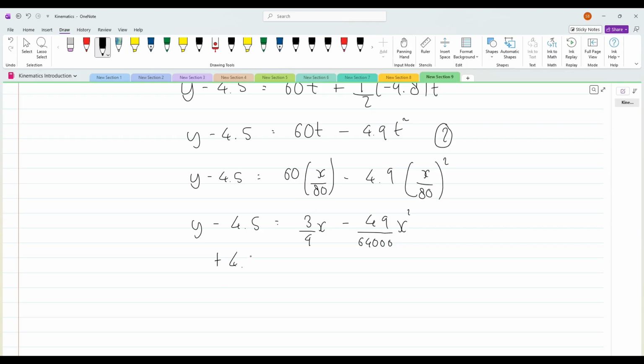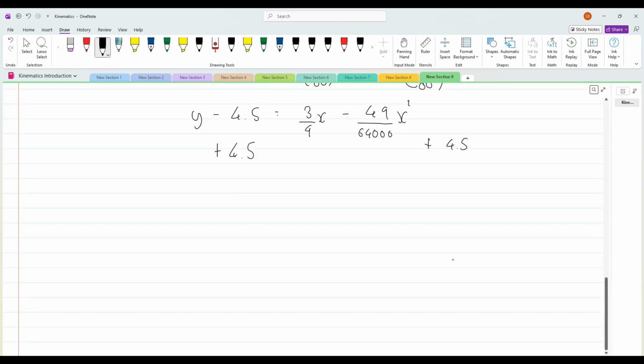And lastly, let's add 4.5 to both sides to get y on its own. So plus 4.5, plus 4.5, and we get y equals 3/4 x minus 49 over 64,000 x squared plus 4.5.